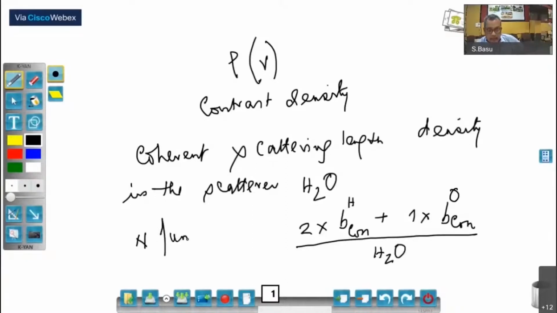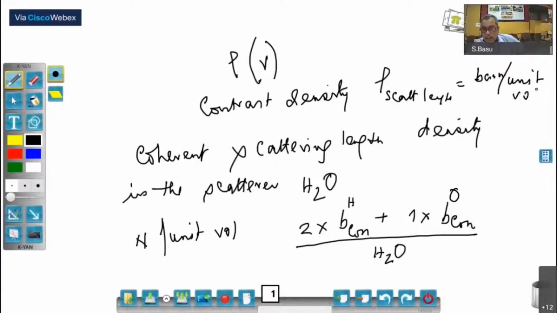Very simple task. And then you can talk about rho, which is the scattering length per unit volume, in barns per unit volume.